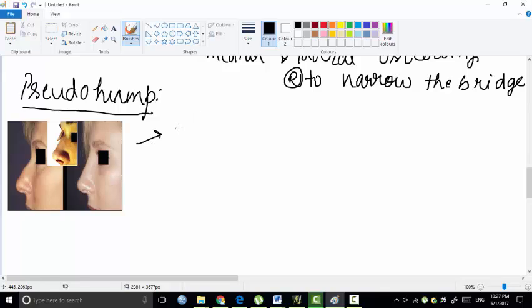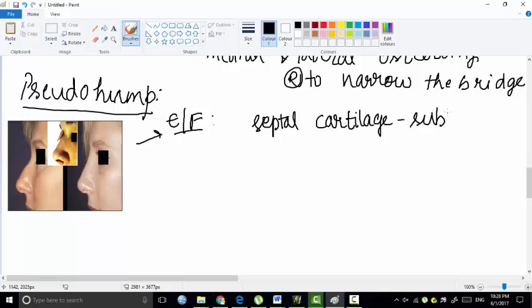But how is it caused? If you know the etiological factors, then you will know how it causes the pseudo hump, right? There is a septal cartilage in the nose, as you all know. This septal cartilage is subluxated, that is, it has changed its position, right?